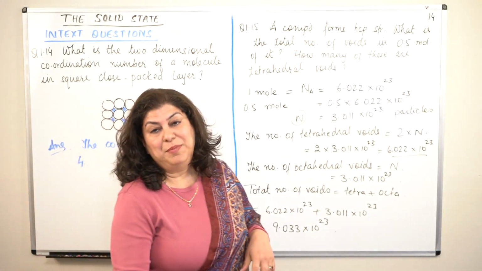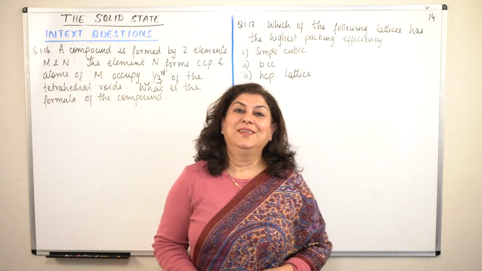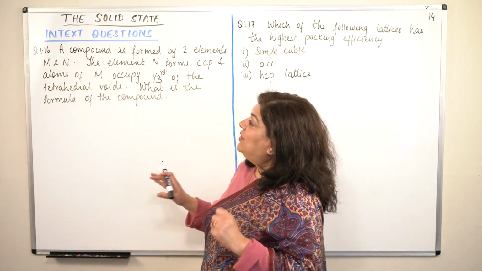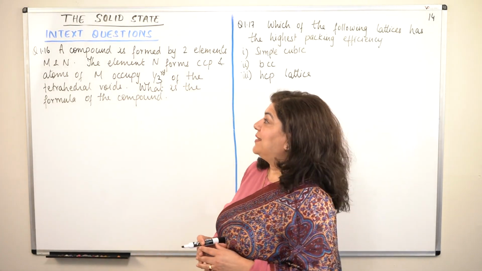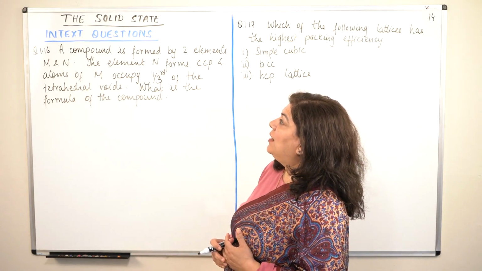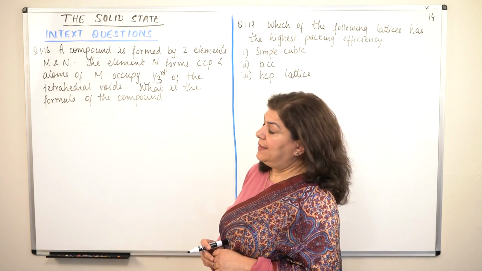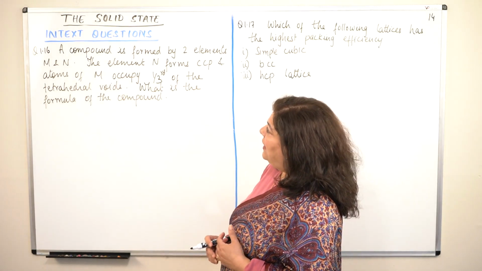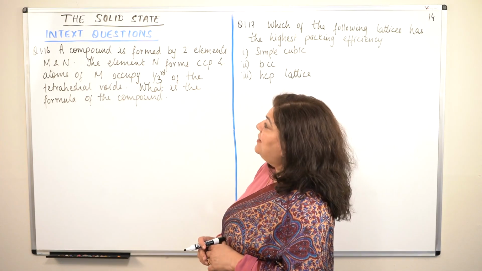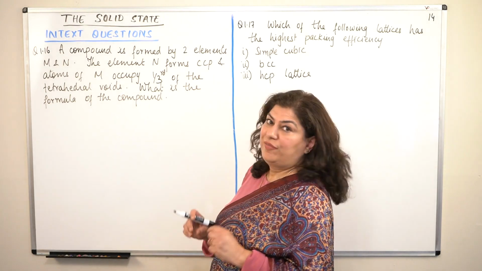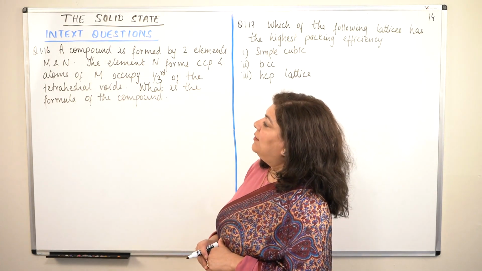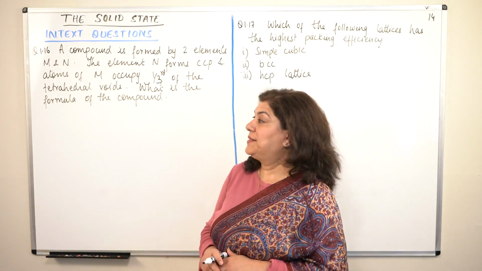So give me a moment, let me write the next question. Alright, so now this is question 1.16. The question reads, a compound is formed by two elements M and N. The element N forms CCP lattice and atoms of M occupy 1/3 of the tetrahedral voids.